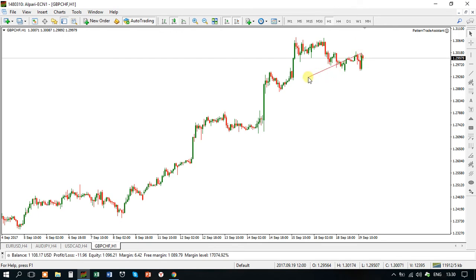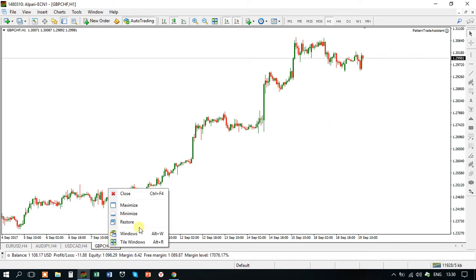Try to use pairs that are as different as possible. So no trade opportunity here if I measure it this way. No trade opportunity here either. Pound CHF, nothing.